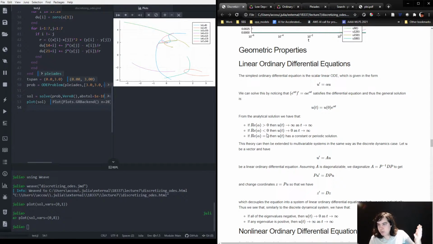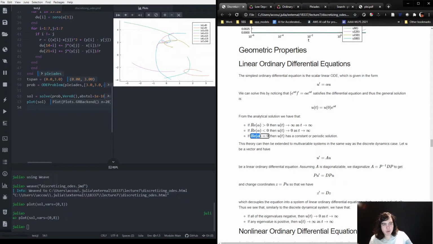When the real part of alpha is negative, then you have e to the minus alpha t, or e to the negative number. The negative number is getting bigger. That approaches e to the minus infinity, and e to the minus infinity is 0. So this makes u of t go to 0.